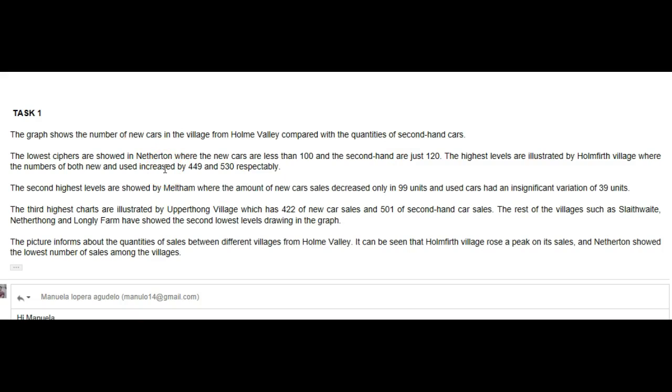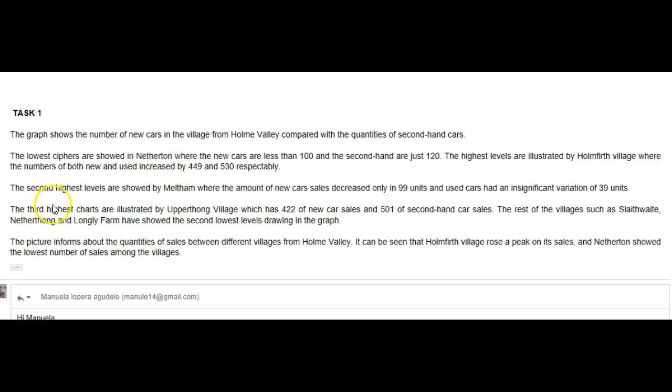This is a static bar chart, and so it's just showing what was happening at a particular moment in time in different places. So there really shouldn't be any discussion of increases or decreases. What instead you should be saying is that this was higher, this was lower, this was twice as high, this was half the figure of something else. So we want to avoid talking about increases.